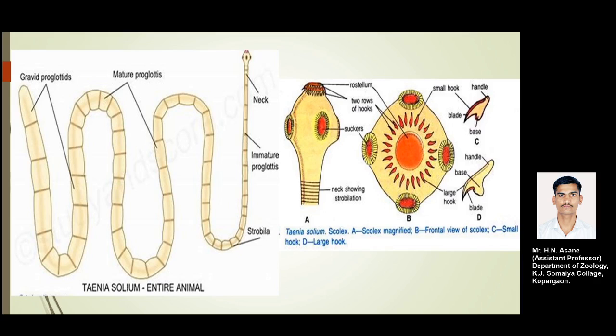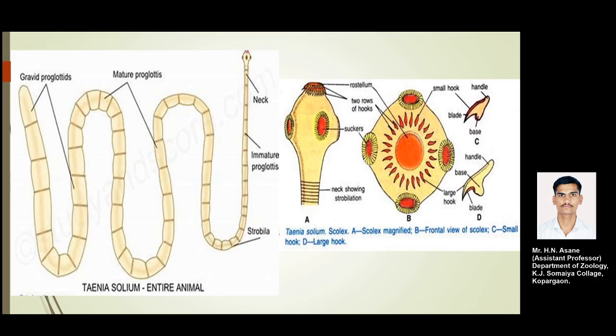These proglottids are usually squarish or rectangular and are enclosed by a layer of tegument. Towards each lateral margin of the proglottid are a longitudinal nerve and a longitudinal excretory canal, and in each segment a transverse excretory canal is also present towards the posterior part.